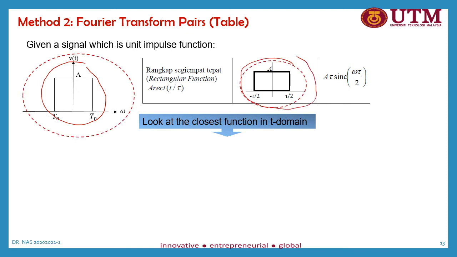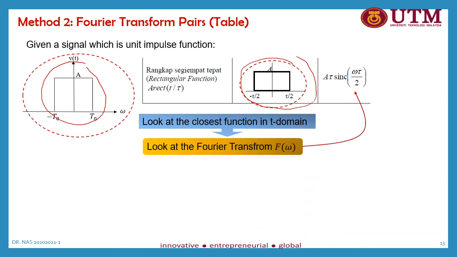Next you need to look at the Fourier transform equation of the given signal. By comparing the given signal and the signal in the table, you need to properly define the variables involved. For example, the magnitude here is A and the same goes here, so the magnitude is A.